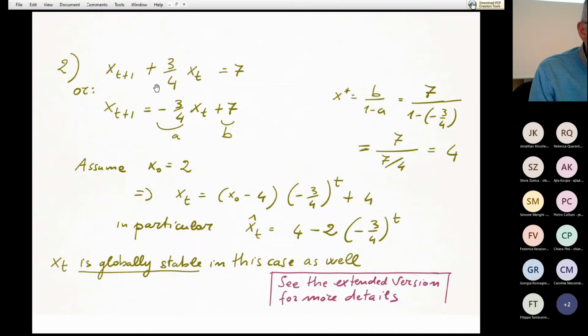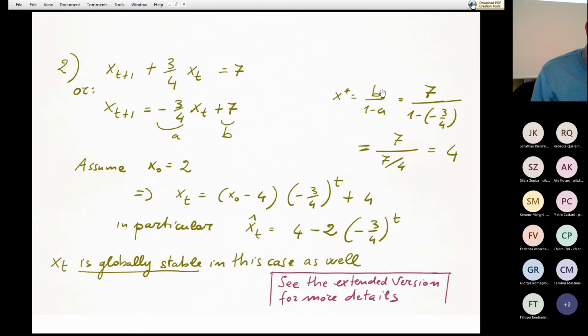Here is another example. If I have a difference equation which is written in this way, xt plus 1 plus 3 over 4 xt is equal to 7. It's better to rewrite this in a form in which only xt plus 1 appears on the left, and we realize that now our coefficient A is negative, okay, it's minus 3 over 4. Anyway, it is less than 1 in modulus, so our steady state will be stable.